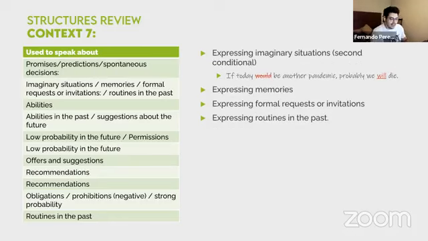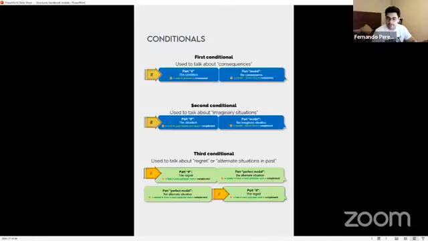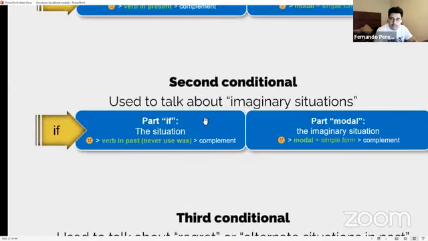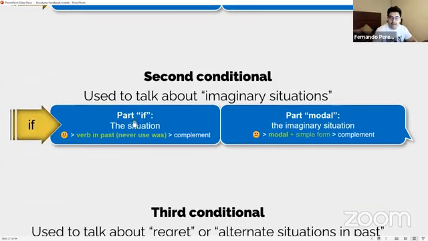The second conditional is a specific structure that has specifications. Check this out. Conditionals. On the second conditional, we have first the connector, if.